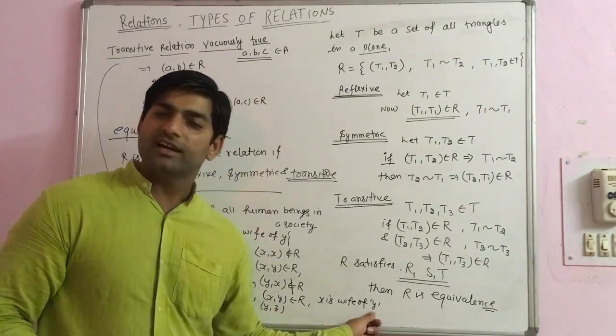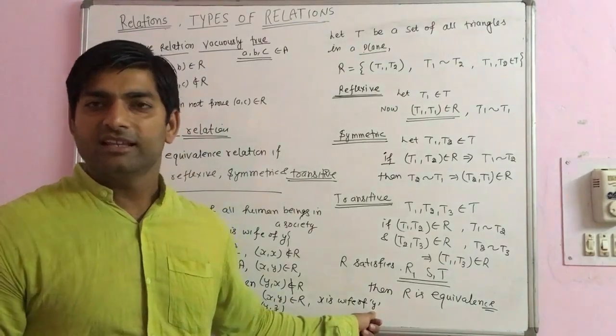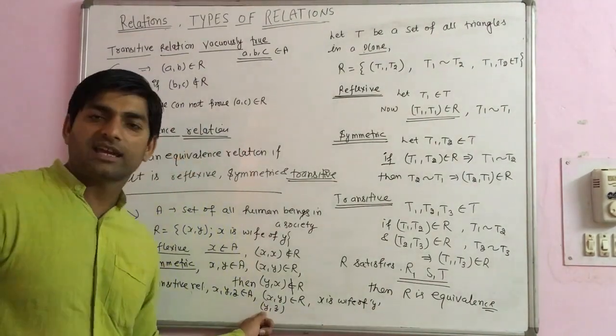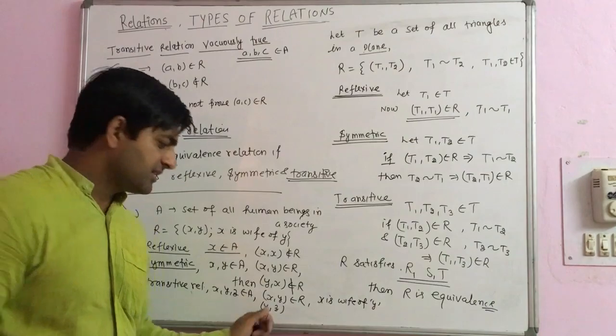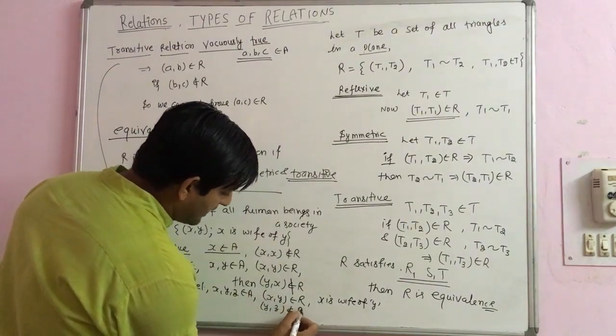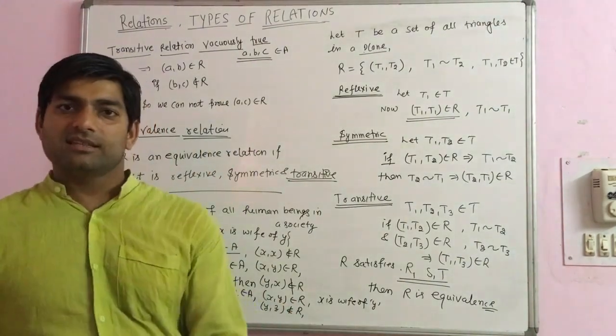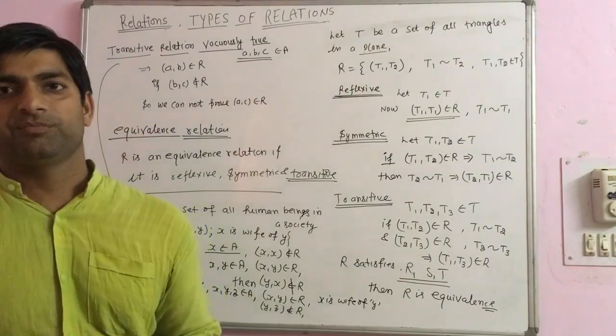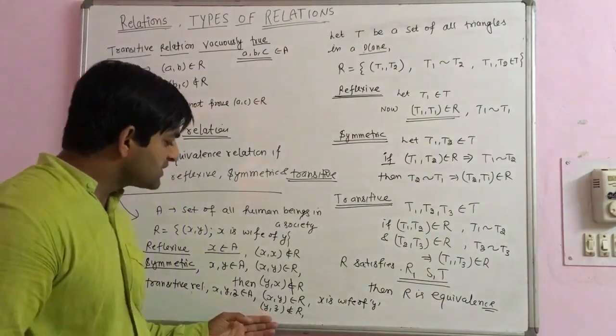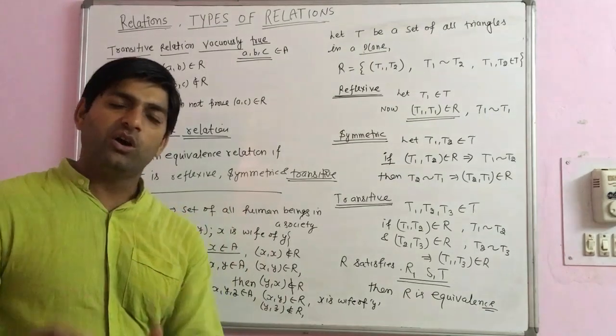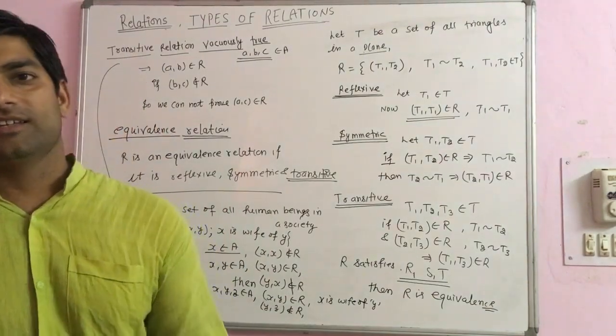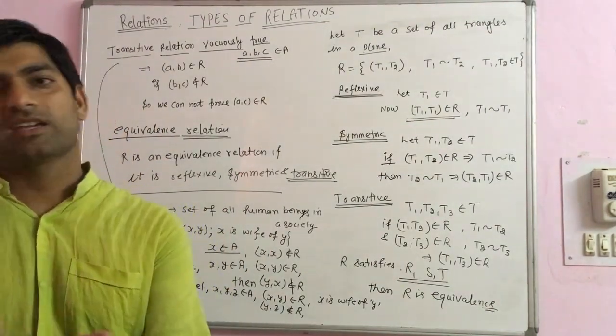If I used here that y is a male, then here y cannot be female. Then (y, z) cannot be in R here. It means here the second condition is absent. We cannot assume the second condition here, so the third condition we cannot prove here.